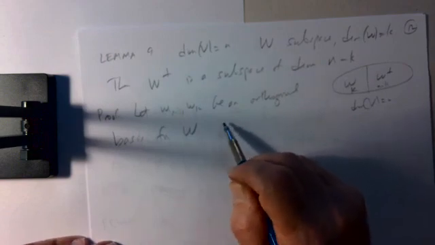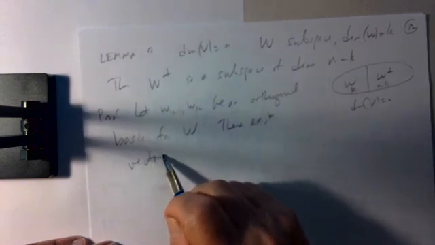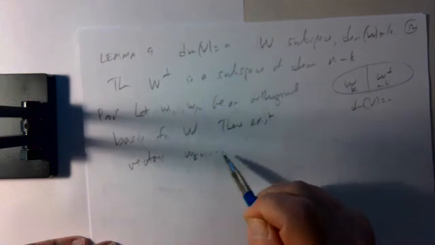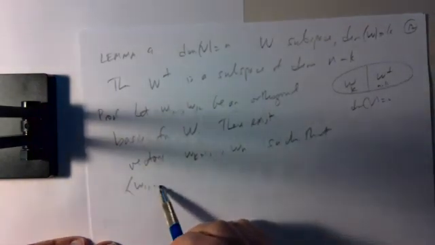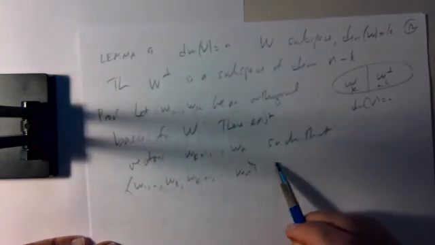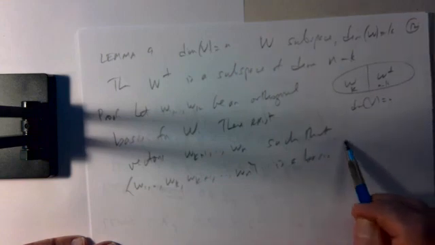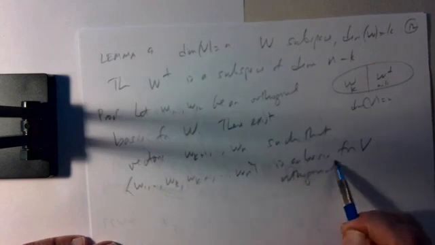By Gram-Schmidt, there exist vectors w(k+1) up to wn such that the set of n vectors is a basis for V and an orthogonal basis for V. Using the Gram-Schmidt process, we can extend any orthogonal basis for a subspace to an orthogonal basis for the whole space.